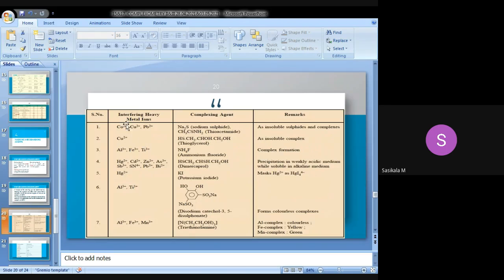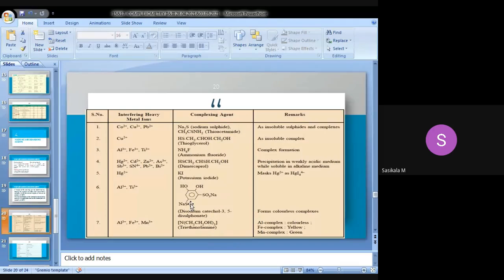Here are some examples of interfering heavy metals and complexing agents, masking agents: sodium sulfide, thioacetamide, thioglycerol, ammonium fluoride, dimercaprol, potassium iodide, disodium catechol disulfonate, triethanolamine.